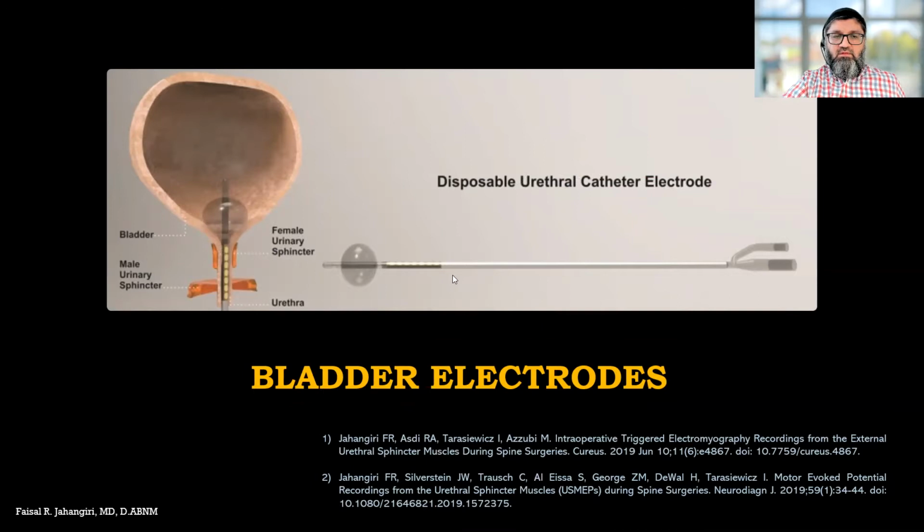It comes in different sizes, French 8, 16, 18, 10, 14, and the only one of size 6, which is a pediatric size for 8 months and less kids, is monopolar, and you need to use a reference. The others are all bipolar. We had a good success rate with recording trigger EMG and MEP from the urinary bladder.